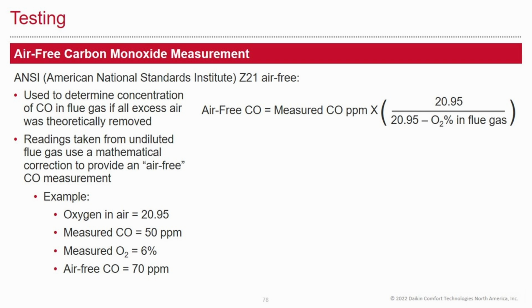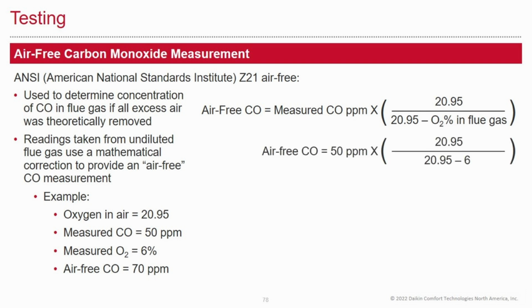So the air-free carbon monoxide is the measured carbon monoxide in parts per million times 20.95, which is the oxygen in the air, divided by 20.95 minus the O2 level in the flue gas.